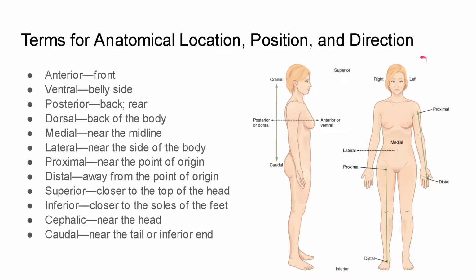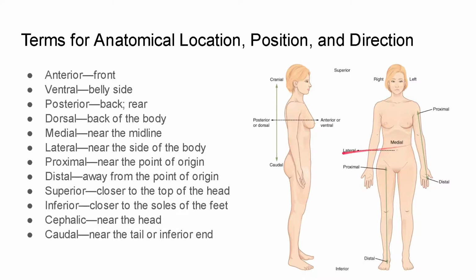Something that you should really take note of here is this and this. When you're looking at this image, it says right is here and left is here. A lot of people may think, why is that? Well, the reason is that you always want to think about the patient's right and left. So even though when you're looking at this it is your right, this is the patient's left. And even though this is your left, this is the patient's right.